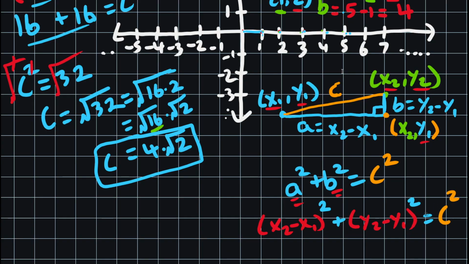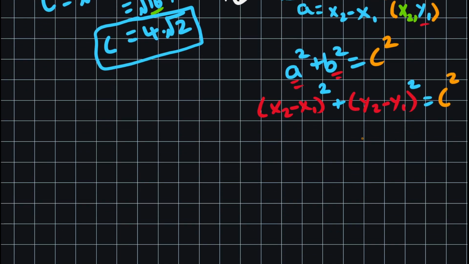So all we have to do to find c, we have c squared, we'll just take the square root of both sides. So that cancels out the radical in the square.